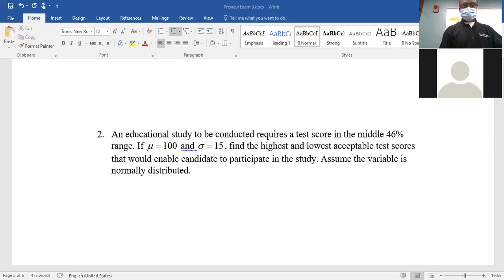Then I go, same thing, normal inverse directly. Instead of 0.27, I will do 1 minus 0.27 now. That will be 0.73.